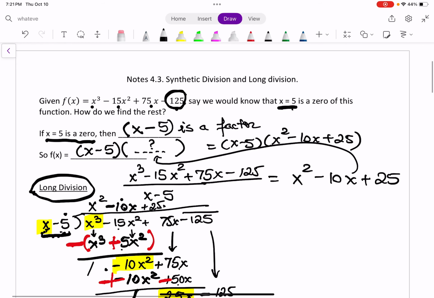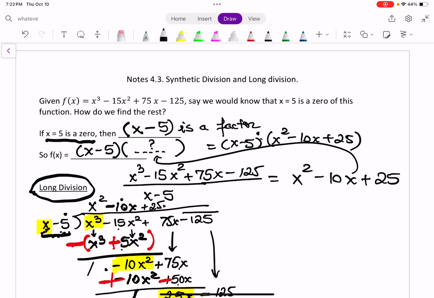So really, the point again of the whole story is to chip away at this polynomial right here. Find all its factors. So we knew that 5 is a 0, therefore x minus 5 is a factor. And when we factored it out, I took a linear factor away.